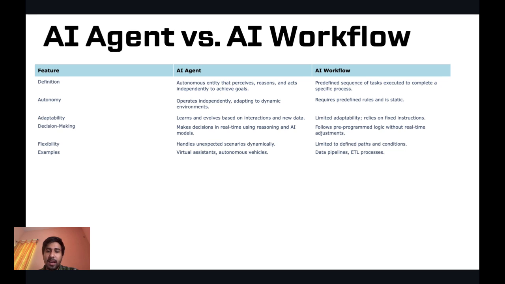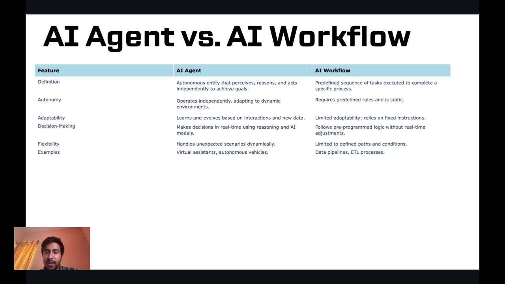An AI agent can handle unexpected scenarios dynamically, but AI workflows are limited to defined paths and conditions which are already fixed. Examples of AI agents are virtual assistants and autonomous vehicles, while AI workflows are like data pipelines, ETL processes, and other predefined workflows.